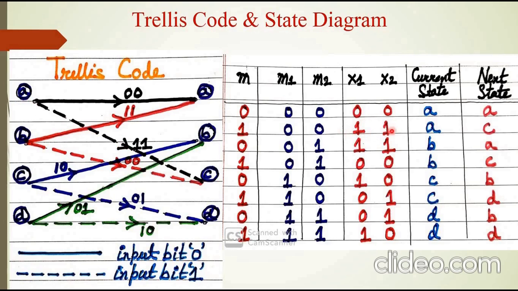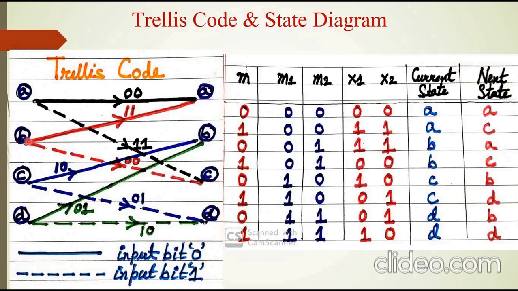So output is 1, 1. So make it with 1, 1 from A to C. And it will be dash line because the current input is 1 now.